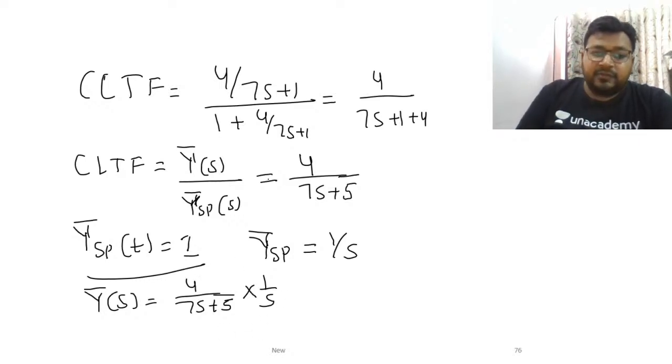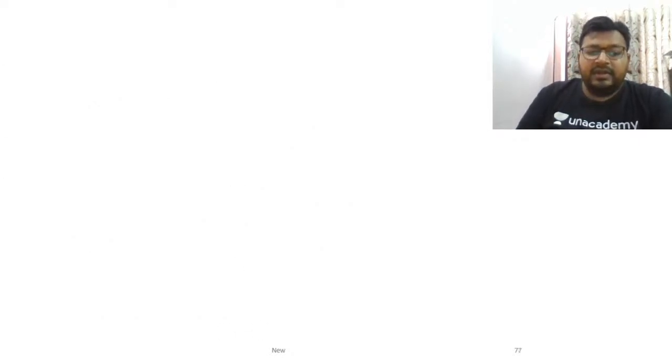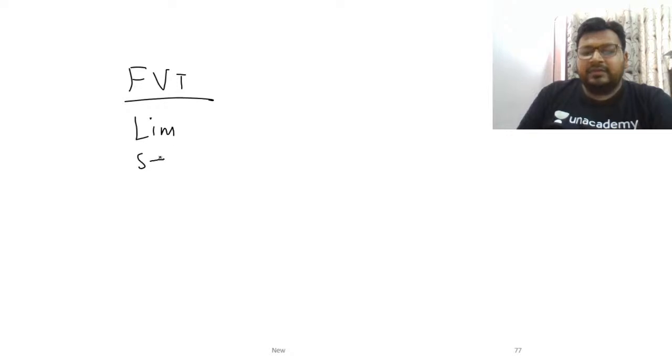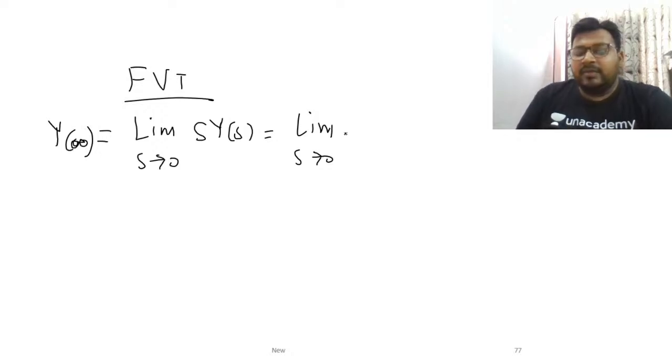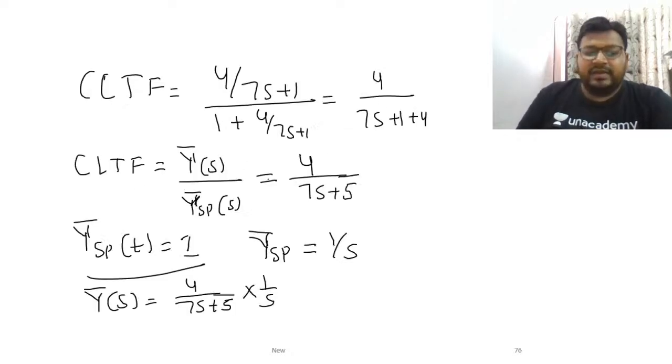Now after getting the response, we need to calculate the final value of the response by using the final value theorem. So the final value theorem is limit S tends to 0 of S YS, which equals Y infinity. What is YS?